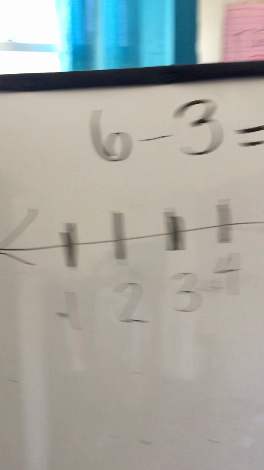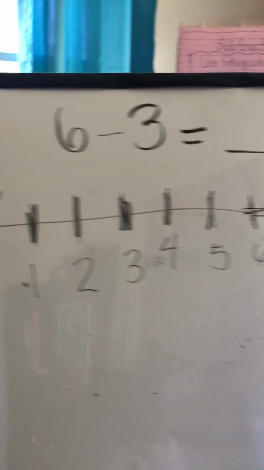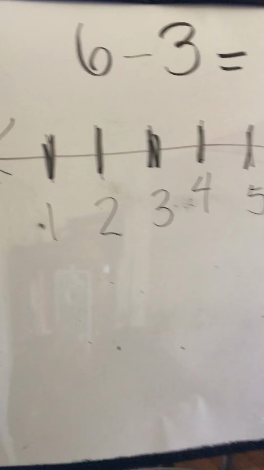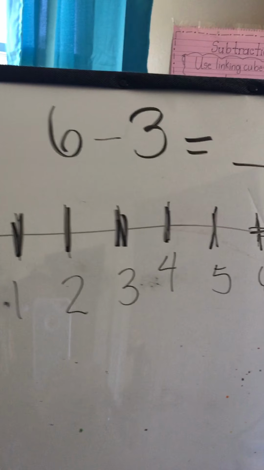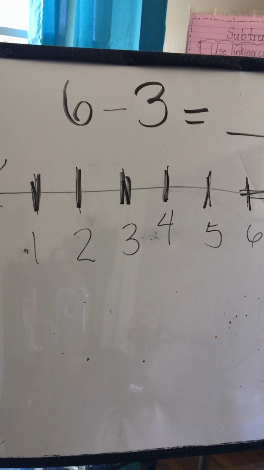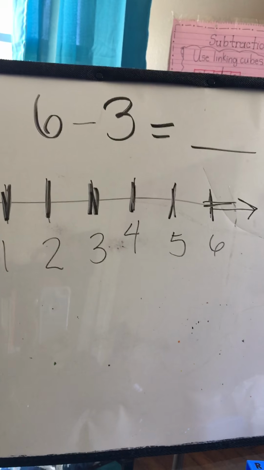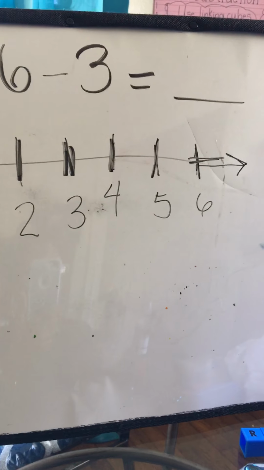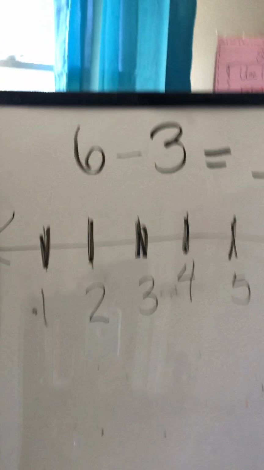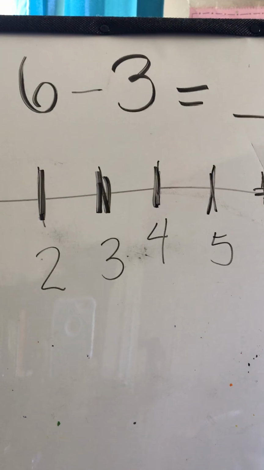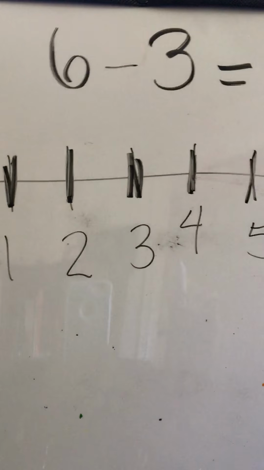When we're using the number line, the fun part is we always look for the whole. The whole is always the largest number. So if I look at my number sentence, I see 6 and I see 3. Which one is larger? If I count 1, 2, 3, 4, 5, 6, 6 is larger than 3, so it has to be the whole.